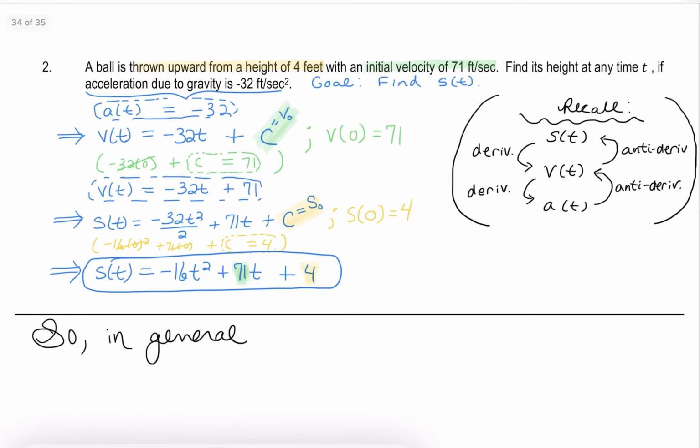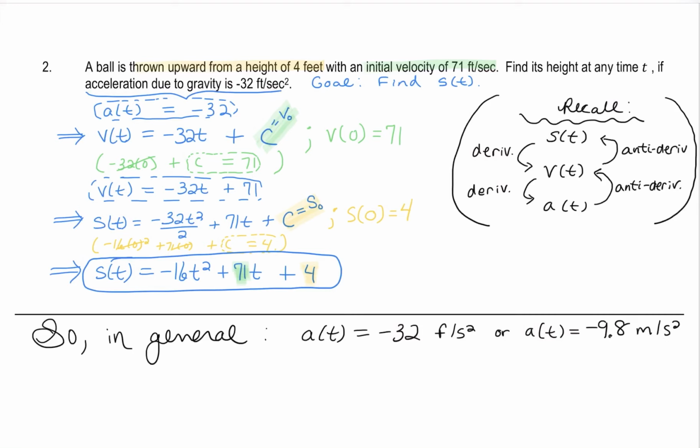So here's what I want you to pull all together and observe. In general, if acceleration due to gravity is negative 32 feet per second squared, or if you're in meters, A of t is equal to negative 9.8 meters per second squared.